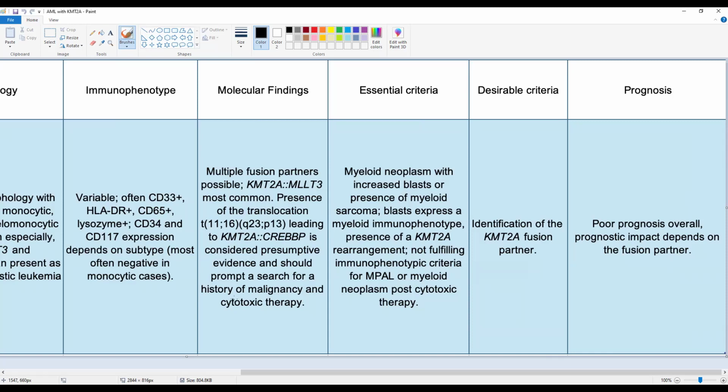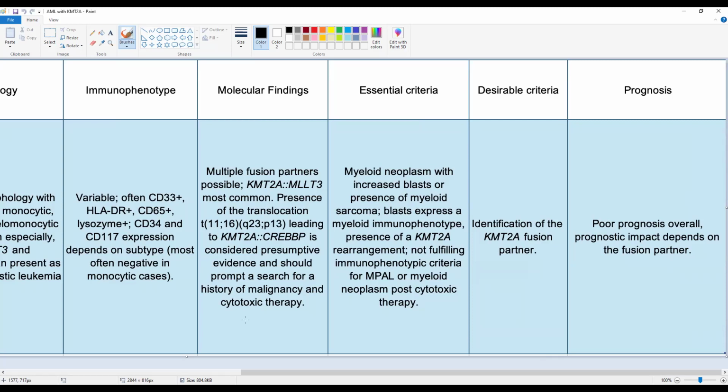This fusion has been observed in patients who underwent treatment with topoisomerase II inhibitors, and the presence of this translocation is considered presumptive evidence and should prompt consideration and a careful search for a history of malignancy and cytotoxic therapy.